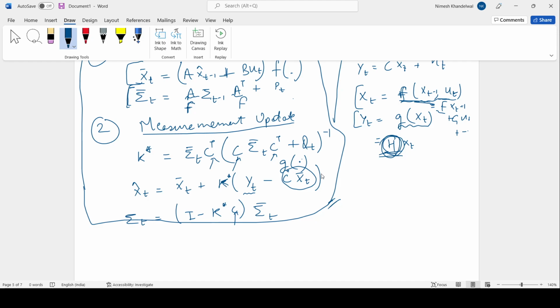When you do these changes, what you end up with is called EKF, extended Kalman filter.